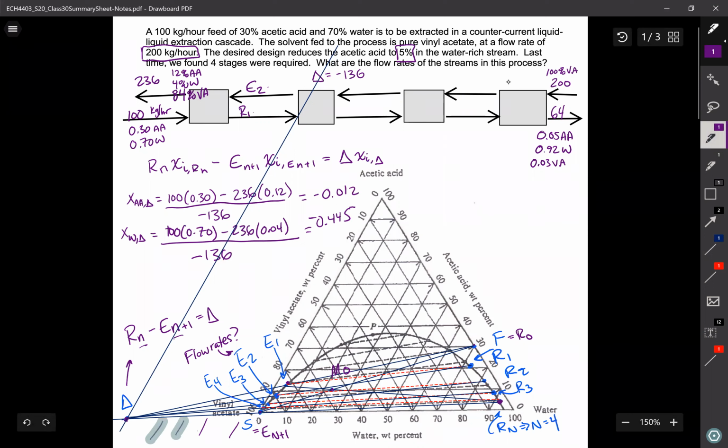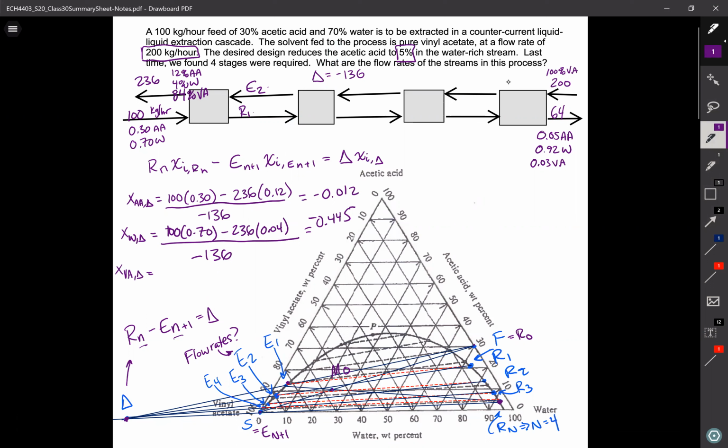So at this point, I could continue going on and do the vinyl acetate balance, or I could use the physical constraint, which does still apply. And actually, I think I'm going to show it to you just in case. X vinyl acetate of the delta point would be, there is no vinyl acetate in the feed, but there is 84% vinyl acetate, so minus 236 times 0.84, all divided by minus 136.